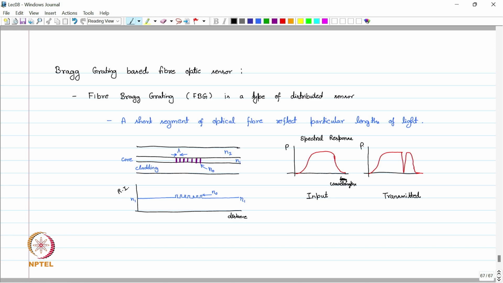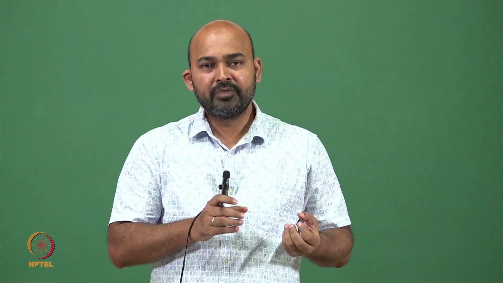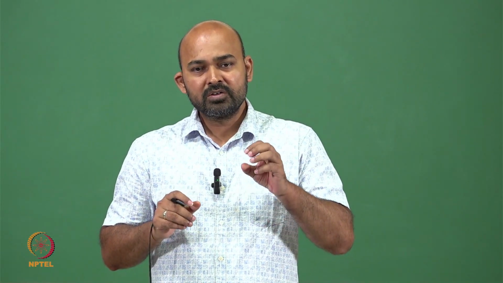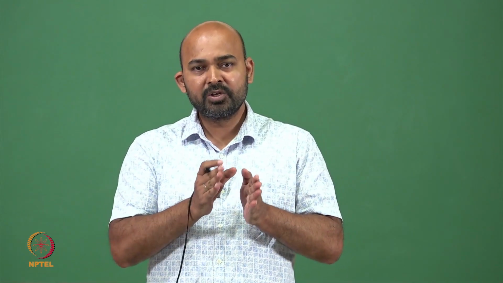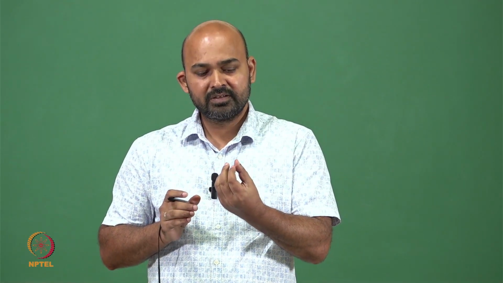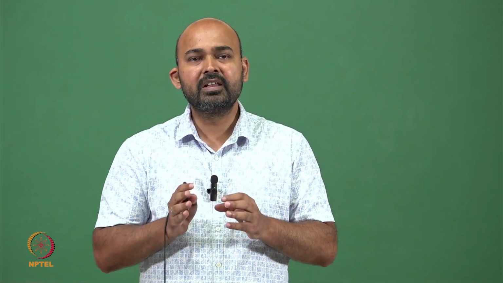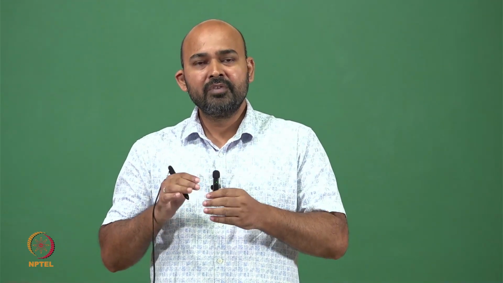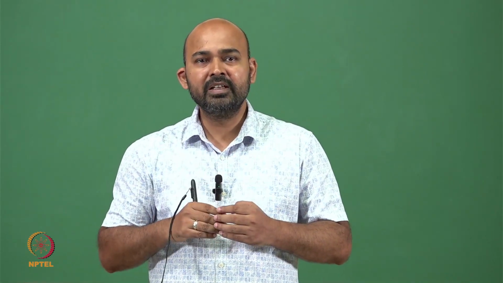On the y-axis we have power. So we are sending known wavelengths from very low value to very high value into this optical fiber, and because the grating has a particular distance, when this interacts with the wavelength coming in, a particular wavelength will be reflected back by this grating.